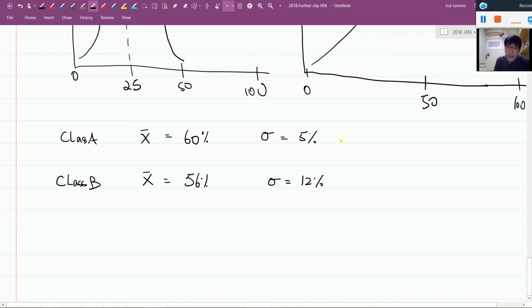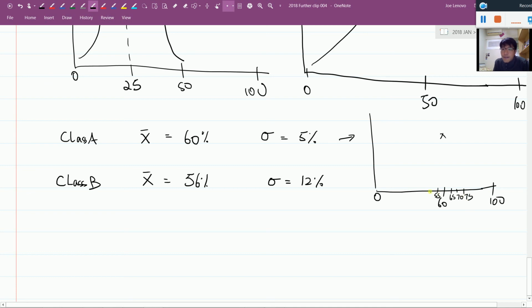For the first one, we need to have a graph and determine the three standard deviations. Let's say this is from 0 to 100, 60 is somewhere here, and here 60 would be the highest point. One step, 65. 2 steps, 70. 3 steps, 75.